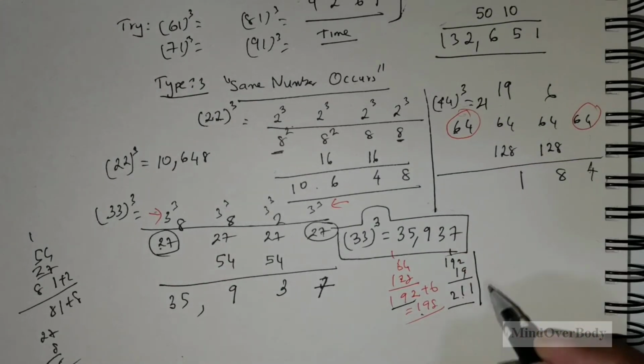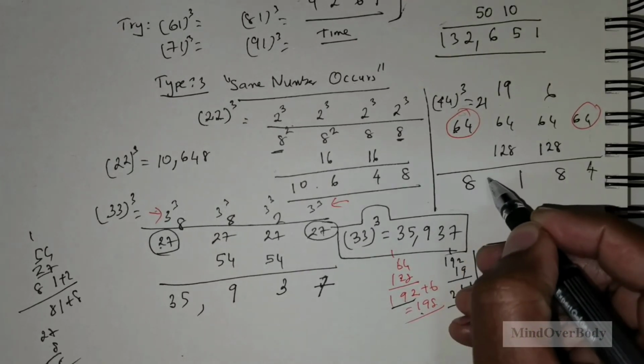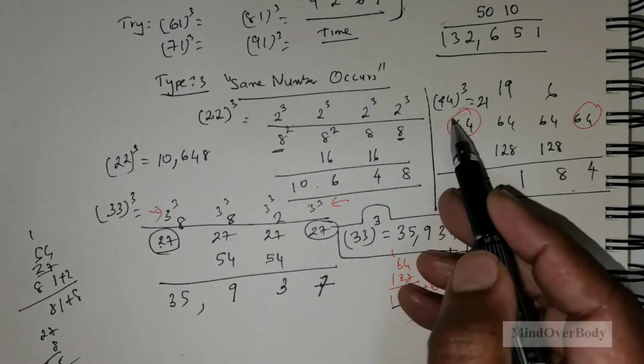So what you got to do? You got to add 64 with 21. So that will give you 5 and 8. Right? So the solution is going to be 85184, the cube of 44.